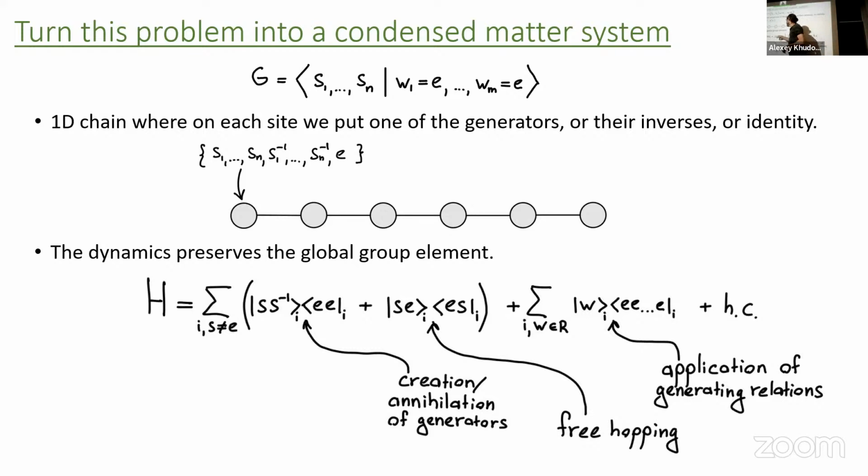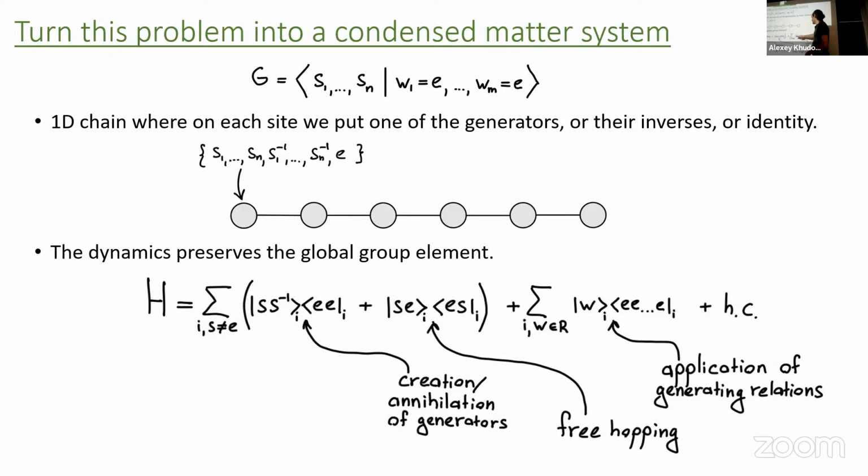The first 2 terms are present for any group. The first term is: if you have 2 identities next to each other, then you can create some generator and its inverse. That's like a creation of charge and anti-charge out of the vacuum. Then if you have an identity and some other generator next to it, then you can always commute them, because identity commutes with everything. That's just the propagation of charges through the vacuum.